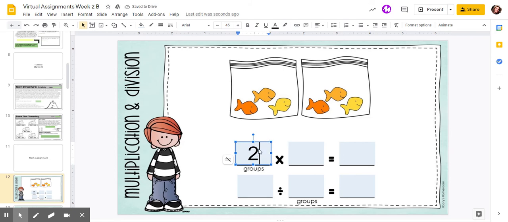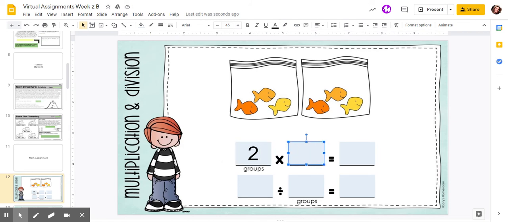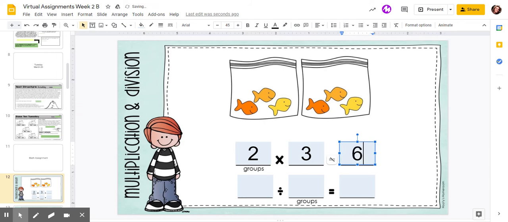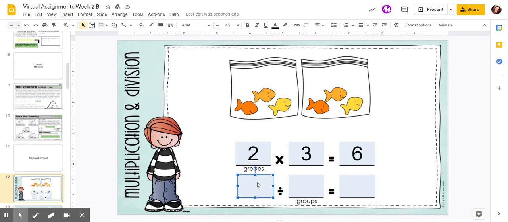And then 2 groups of, how many are in a group? 3. 2 groups of 3. And then how many do you have total? Equal 6.